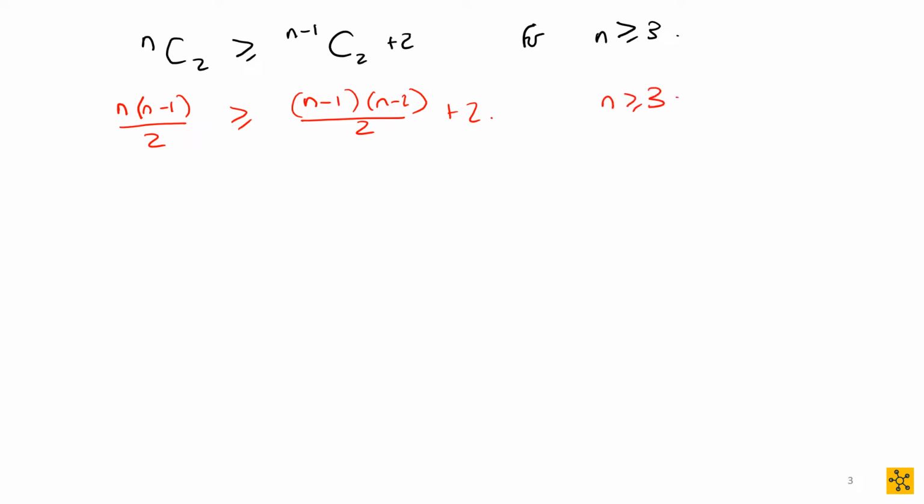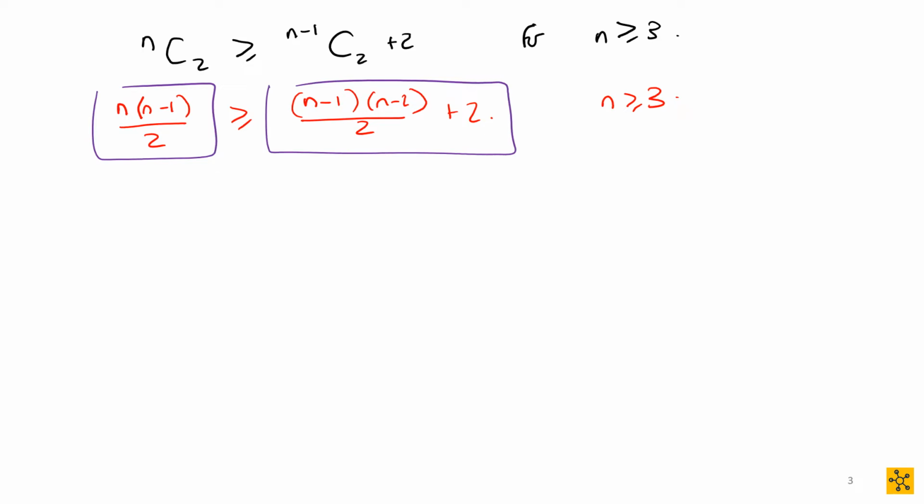Which means we want to somehow get to these two pieces. So we're going to start this proof with n greater than or equal to 3 and use algebraic manipulation to get to the point where we have these combinations occurring.